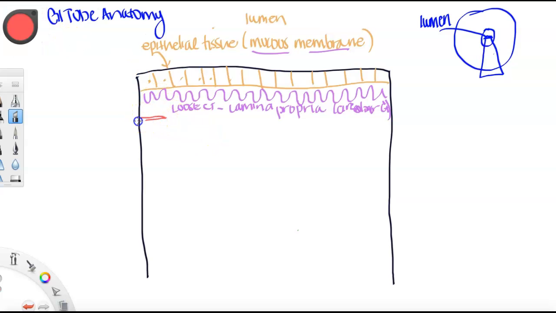is a thin layer of smooth muscle. And that little layer of smooth muscle is called the Muscularis Mucosae.